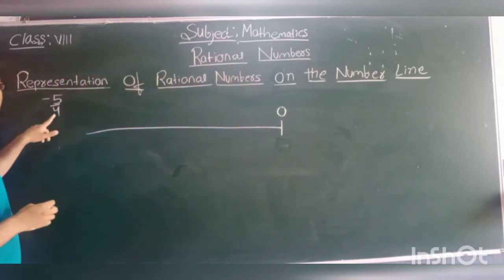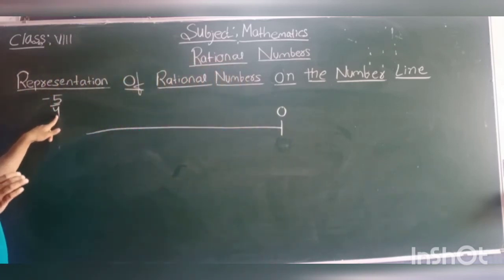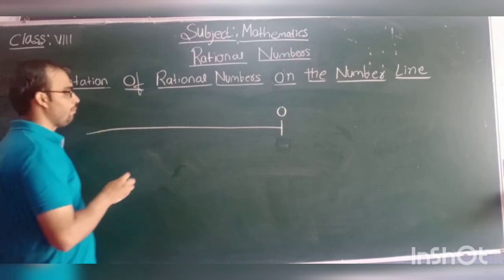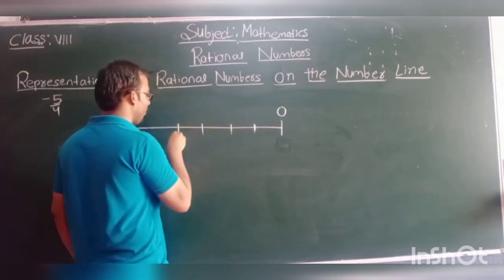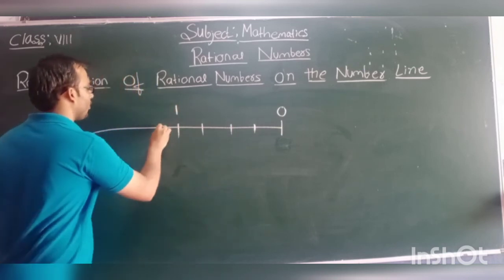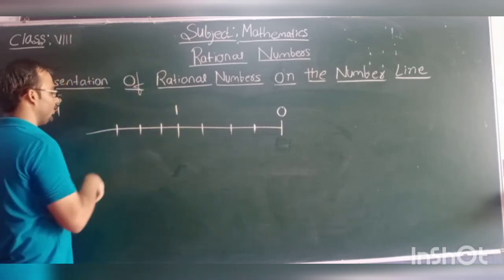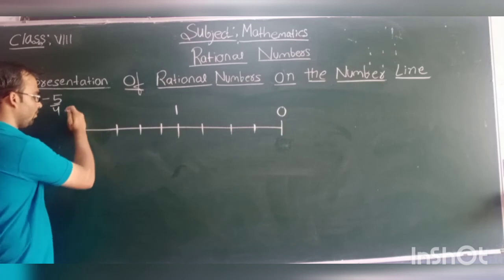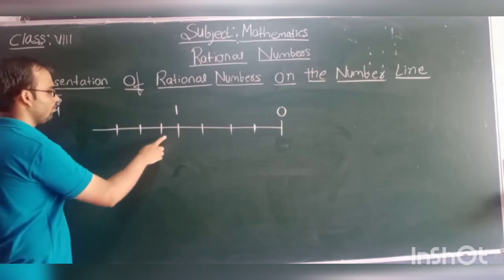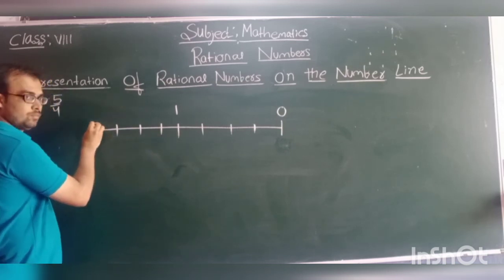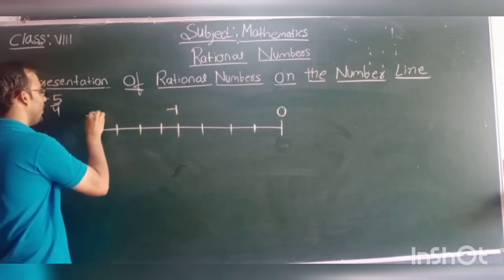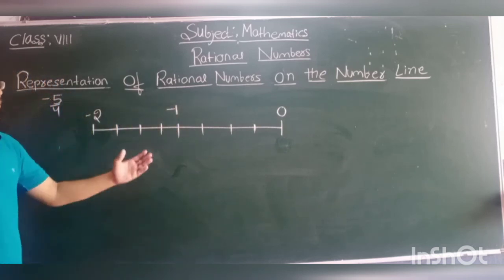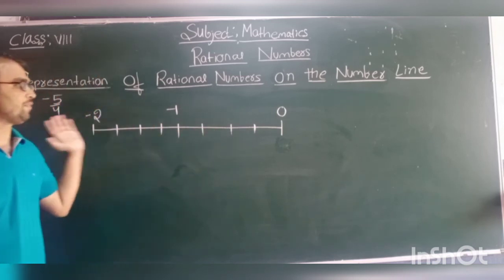So here, as the denominator is 4, you need to divide each unit into 4 equal parts. 1, 2, 3, 4, and this is 1. 1, 2, 3, 4. Okay. So this is minus 1 and this is minus 2. Why? Because negative numbers are on the left side.